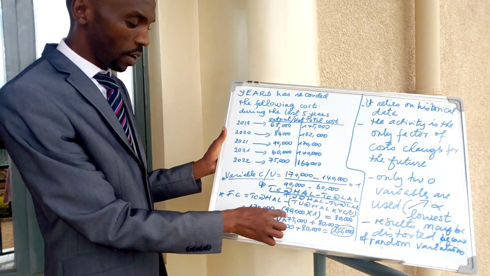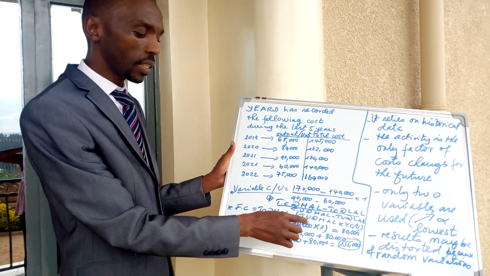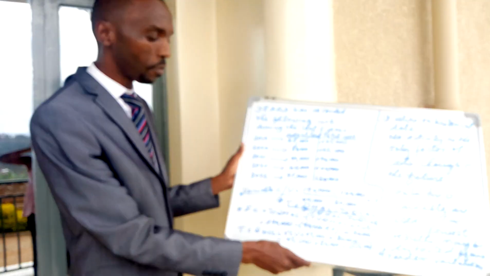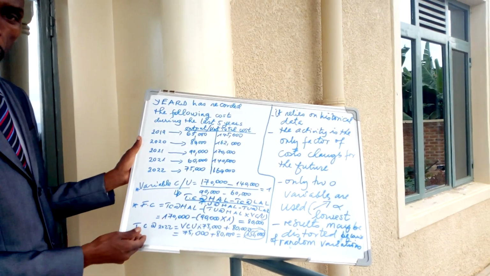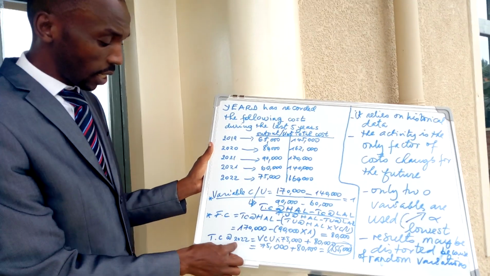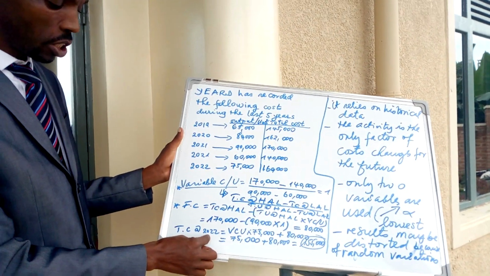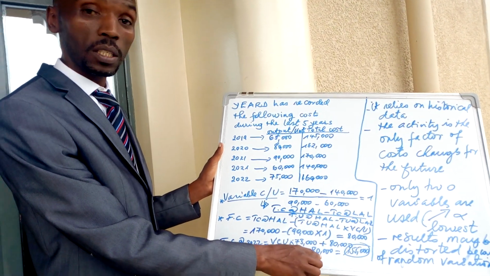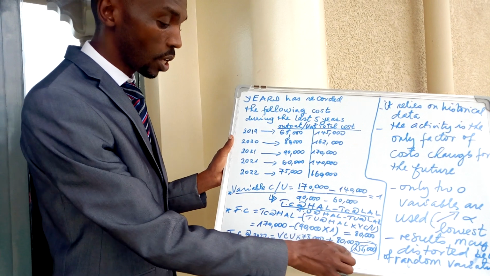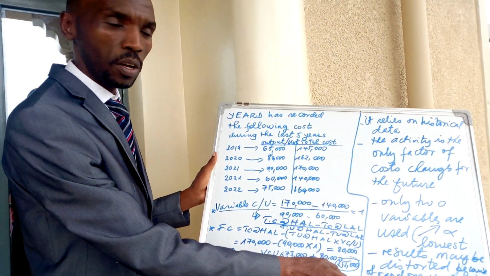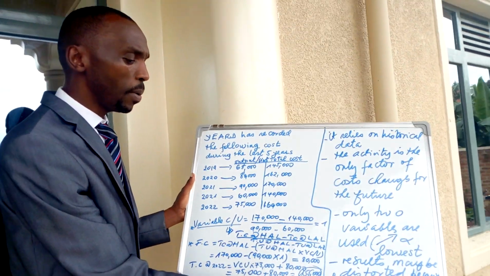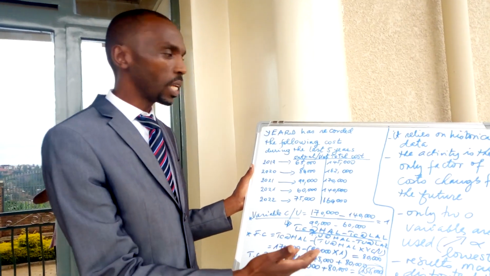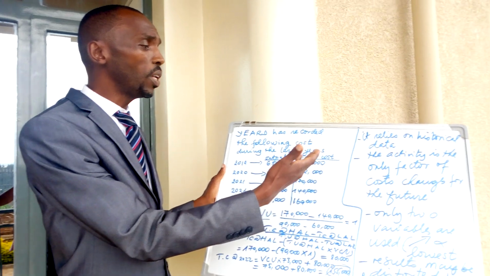It's 75,000 times 1 plus 80,000, which is not varying, or it is the fixed cost. So you will now see that the total cost when we are producing or selling in the year 2022 will be 75,000 plus 80,000, and here the total cost is 155,000.